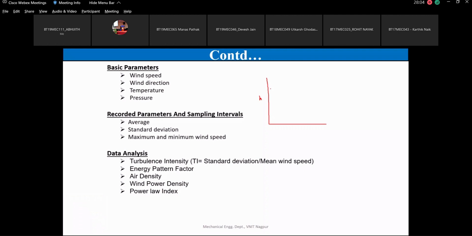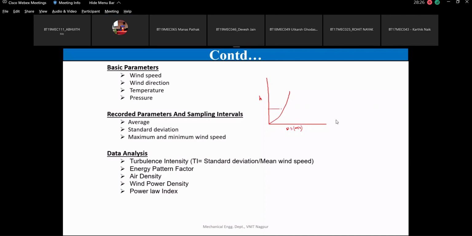So here it is the height and it is the wind speed per second. So suppose this graph goes something this way, with a perpendicular line.